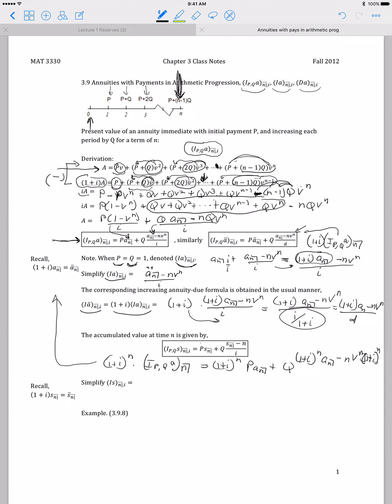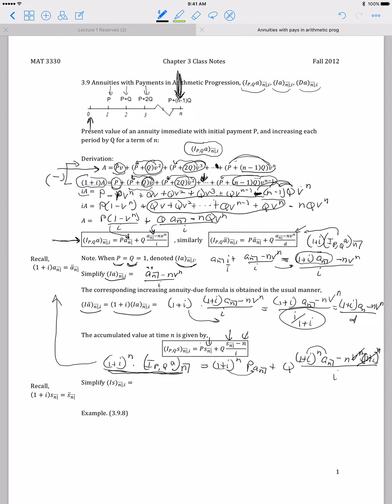And this 1 plus i to the n times a_n gives me the s_n here. Then the v to the n and 1 plus i to the n cancel, and so I just get n. So you see where the formula comes from right away. So whether you want to remember and use the formula in the box, or just bring the annuity immediate net present value formula forward in time to the time of the last payment by multiplying by 1 plus i to the n, it will be your choice.